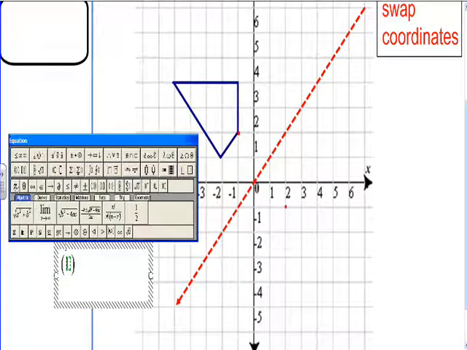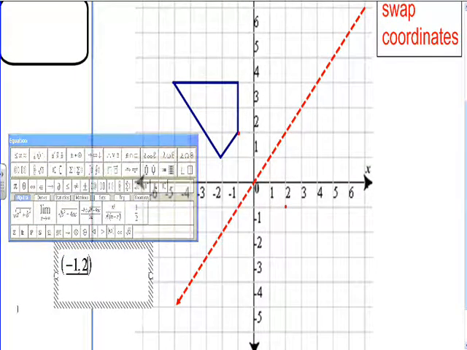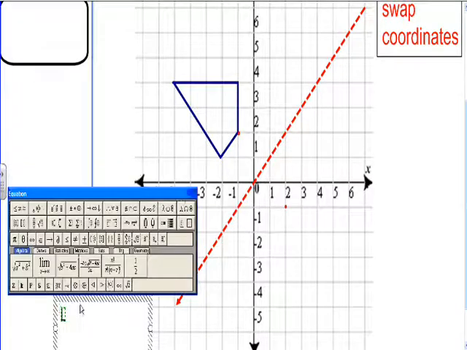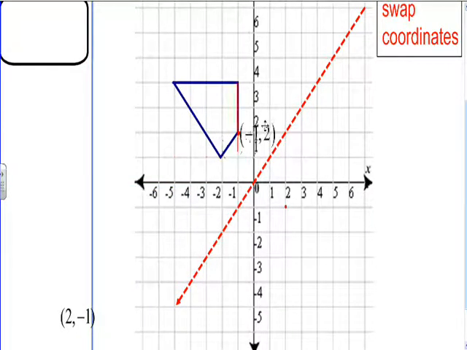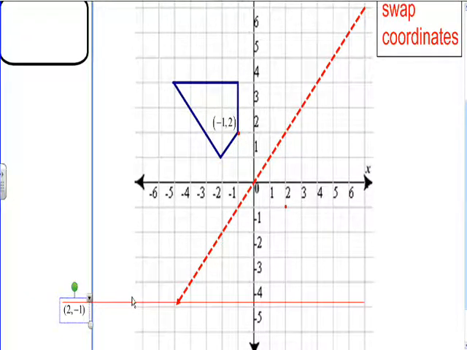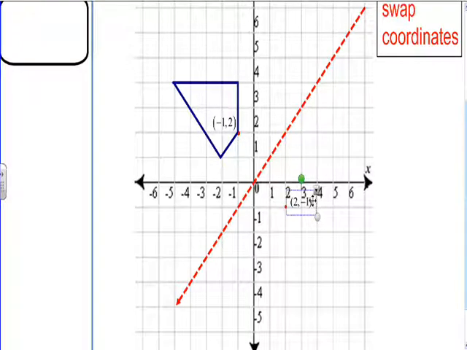The coordinate of the pre-image was negative 1, 2, and then the coordinate of my image was 2, negative 1. We reverse those coordinates in my transformation. This one got moved to 2, negative 1.